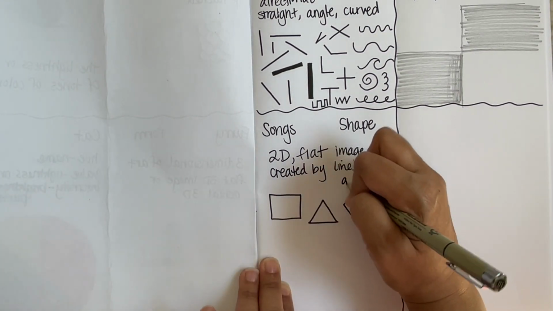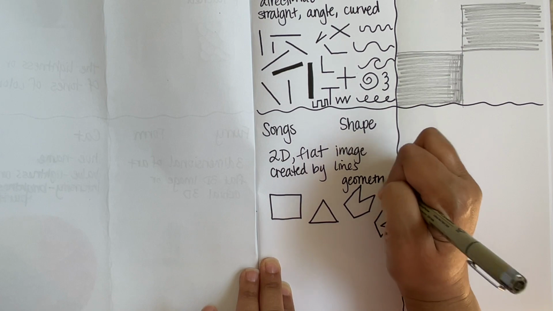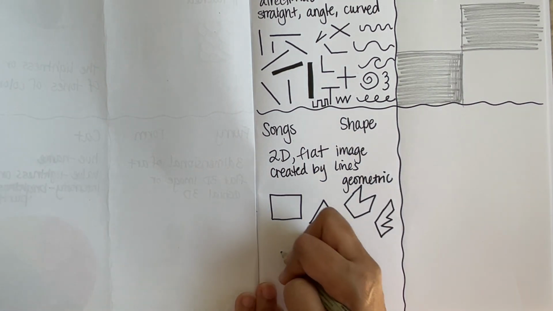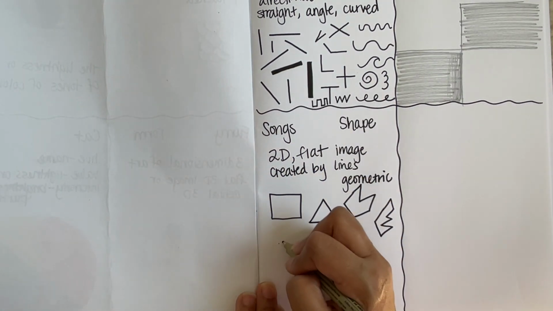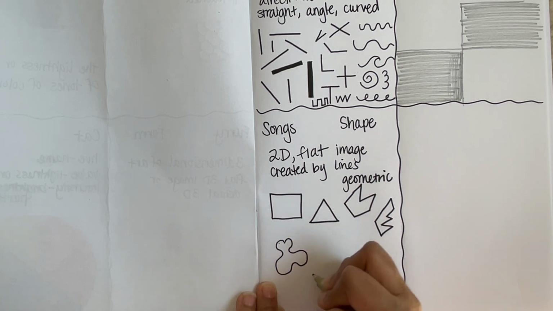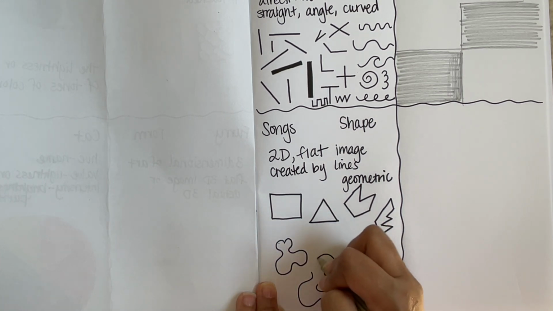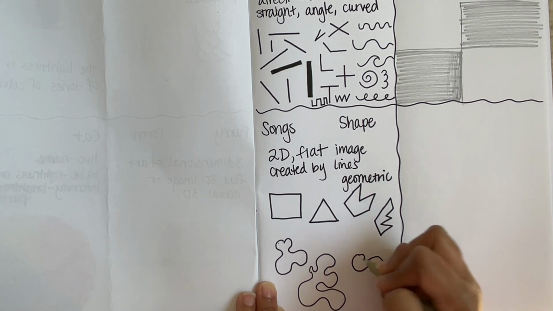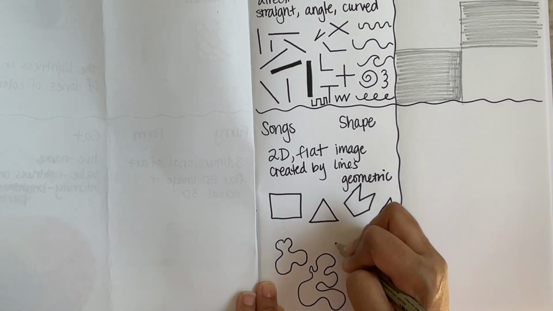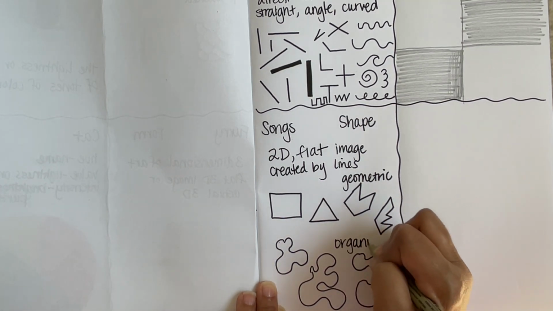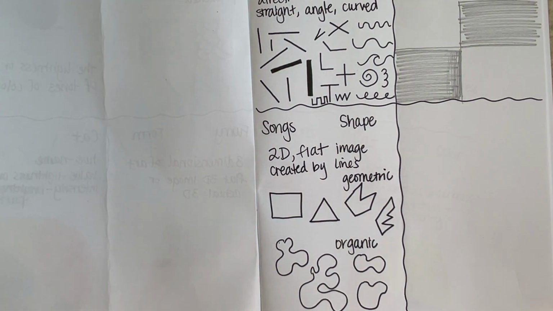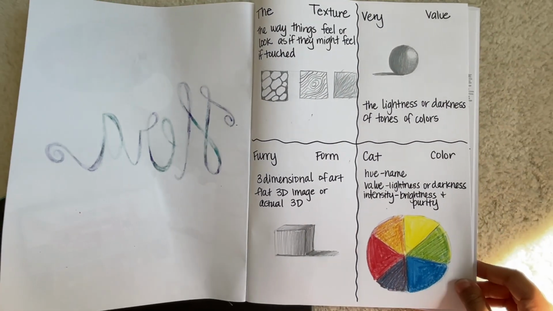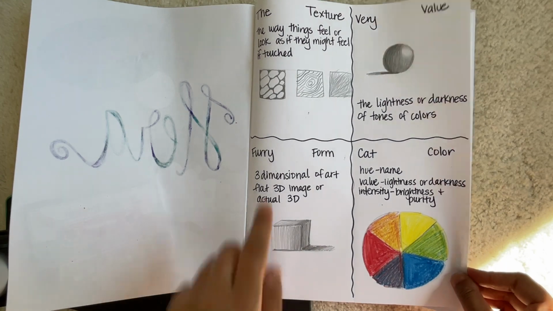These are all geometric lines or geometric shapes. Now, if I use curved, these are organic shapes. And there you have it. These are the elements of art.